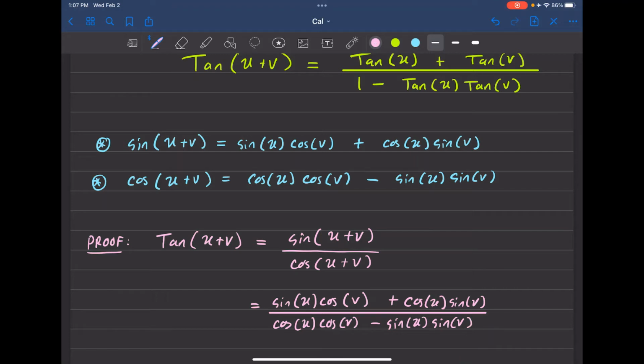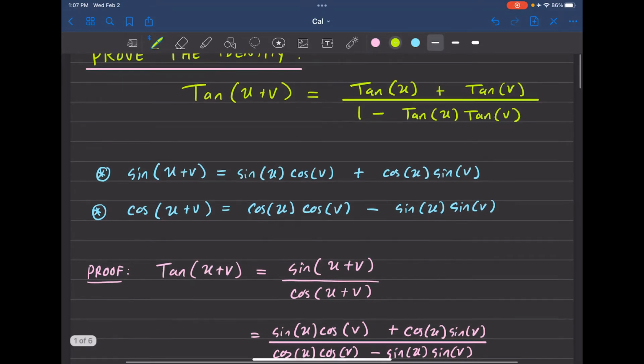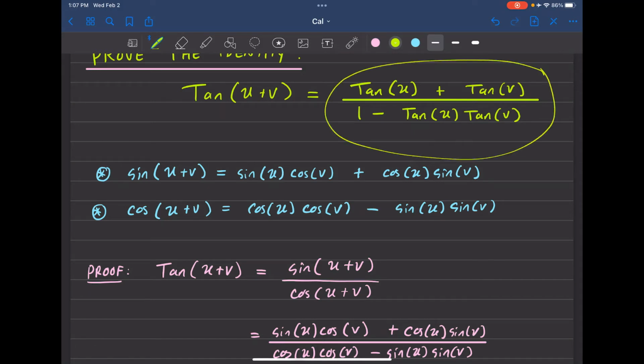Now here's the trick. It looks like we're really not going anywhere from here, but this is the trick that will help us rewrite this formula. You have to notice that what we're proving is the one for tangent. Focus on this portion right here, and we know somehow we need to get a 1 right here. That's your hint.